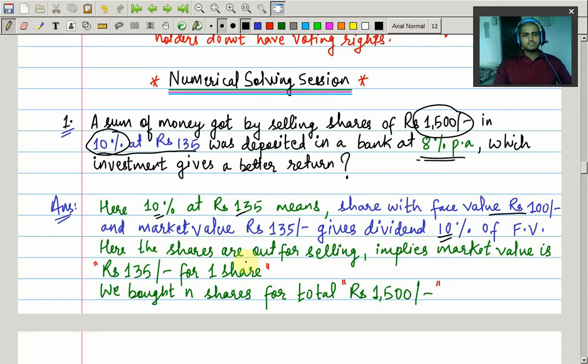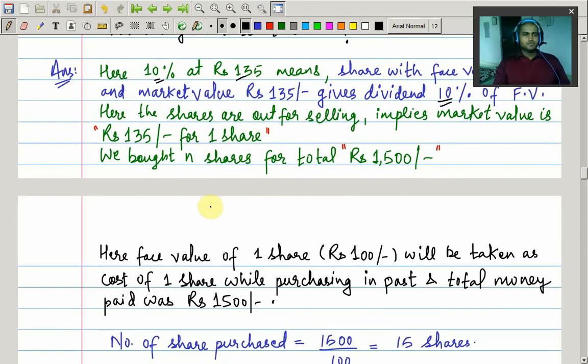Here the shares are out for selling, which implies the market value is rupees 135 for one share. So we bought n shares for a total of rupees 1500.